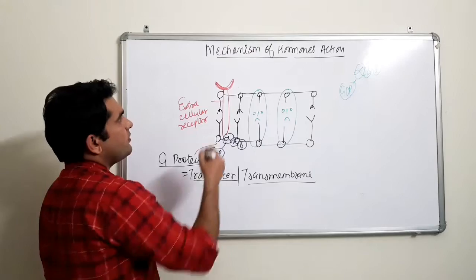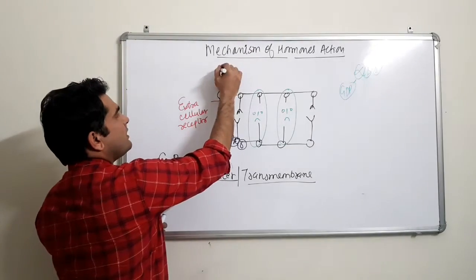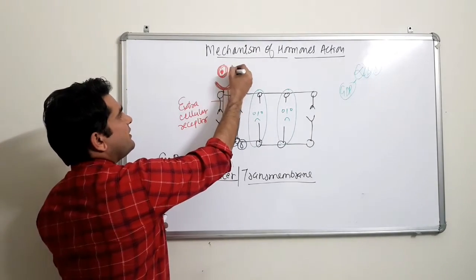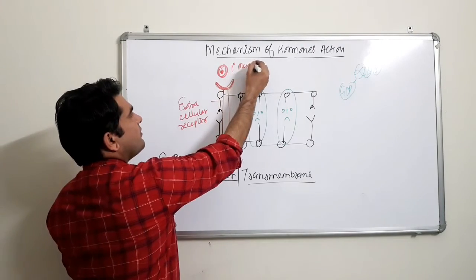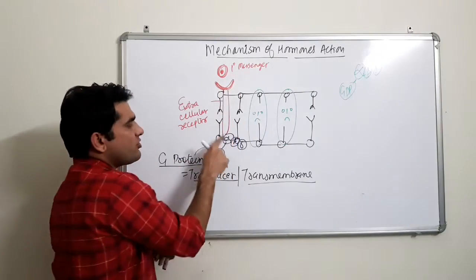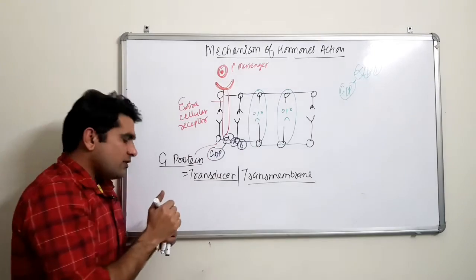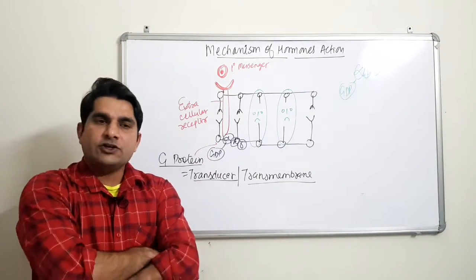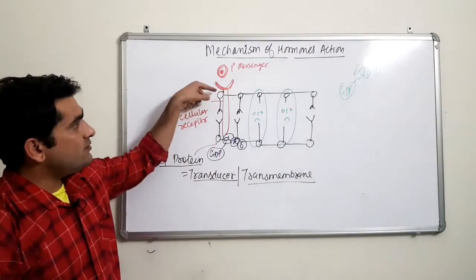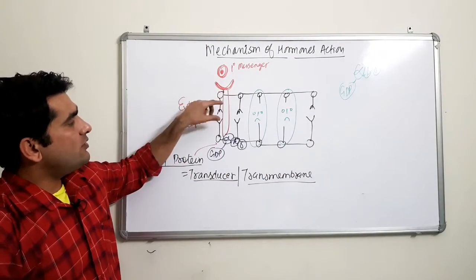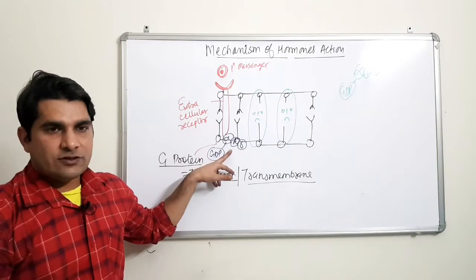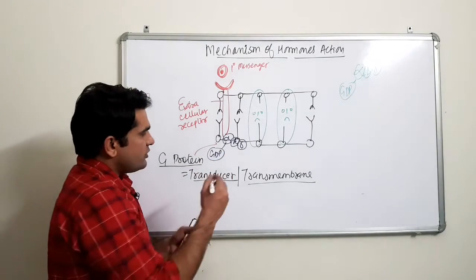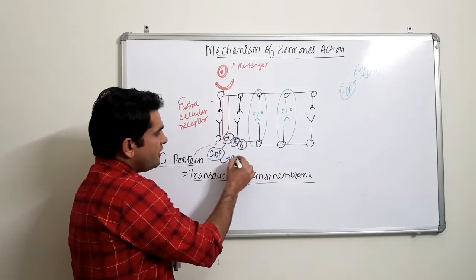So what happens whenever a molecule which is not allowed to go inside the cell binds here, it acts as primary messenger, and certain conformational change occurs. You know, there is something which we call phosphorylation. What is your concept of phosphorylation? Addition of phosphate. So when this receptor is activated by this hormone, this protein undergoes phosphorylation, and GDP would be converted into GTP.